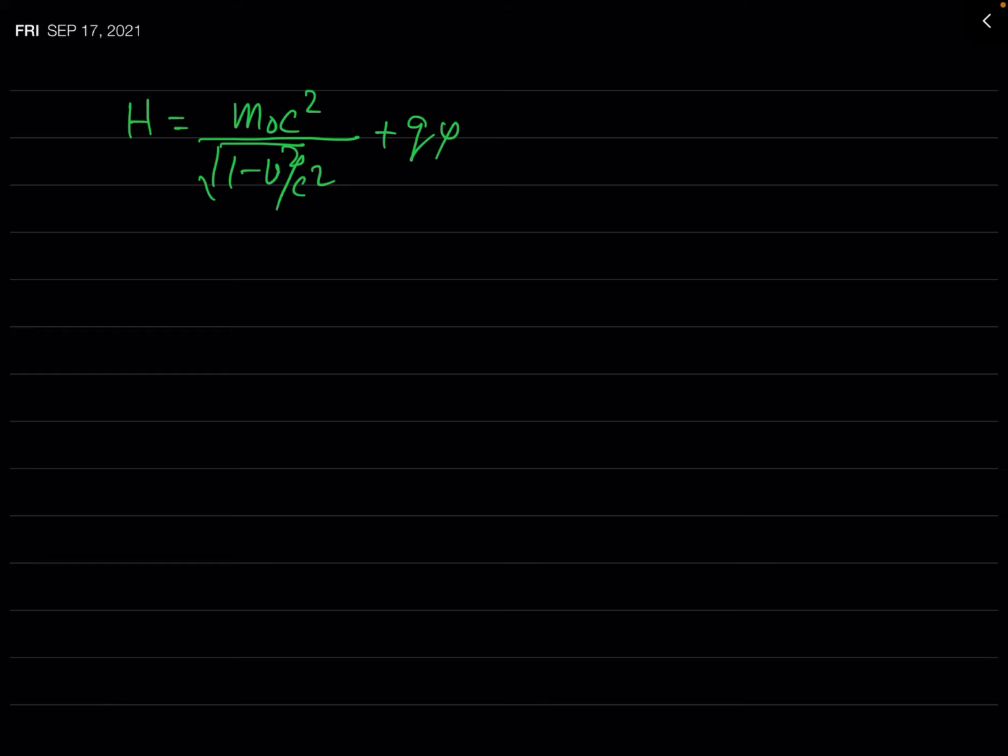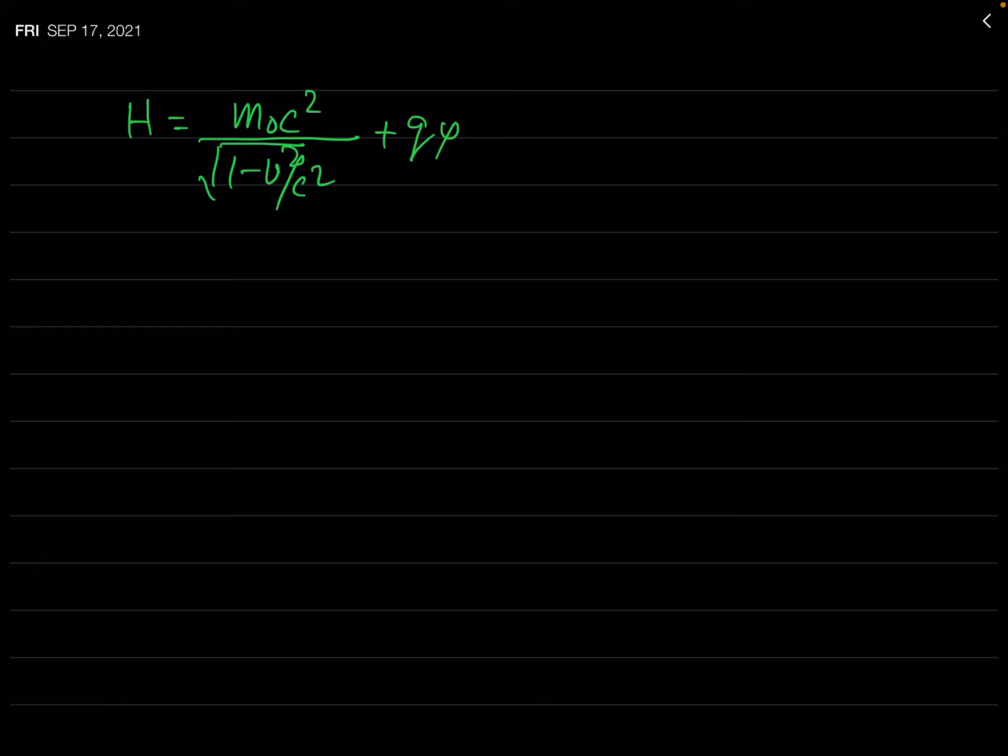Actually, this term m naught c square over square root of 1 minus v square by c square is the effective kinetic energy, or the energy of the particle in this electromagnetic field when it is in relativistic motion.